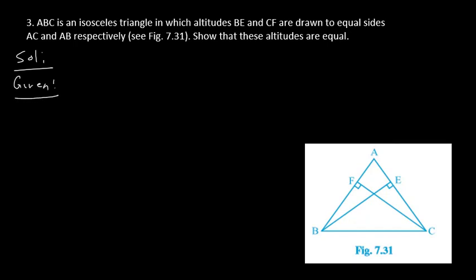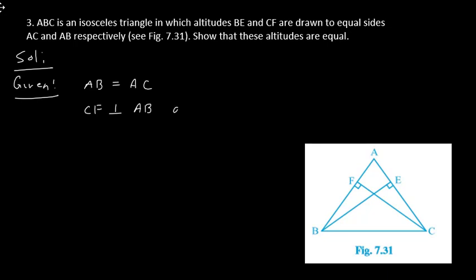Given that ABC is an isosceles triangle, that means AB equals AC, and angle CFA is 90 degrees, that is, CF is perpendicular to AB.